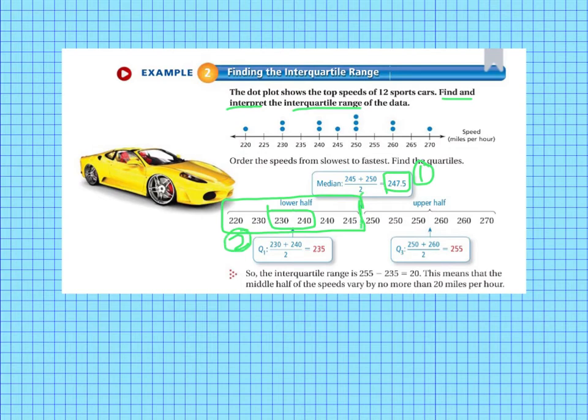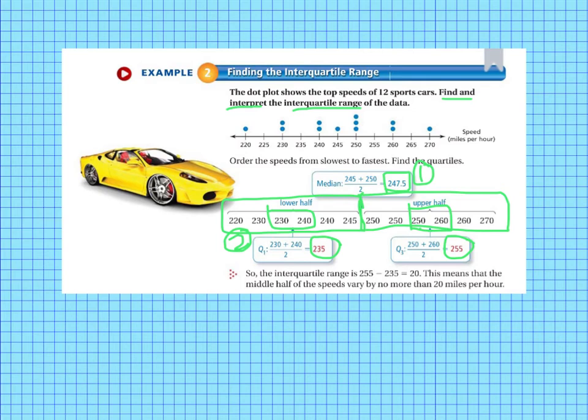And you find the median of the upper half, which is again 2 values, 250 plus 260, and you divide it by 2. So your Q1 is 235, and your Q3 is 255. You're just finding 3 medians: the median for the whole data set, the median for the lower half, and the median for the upper half.